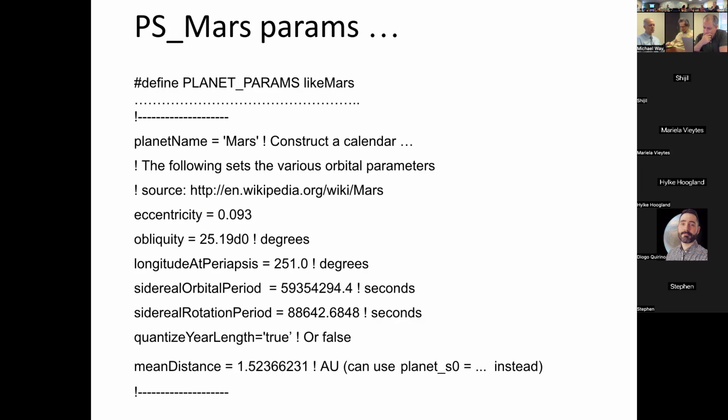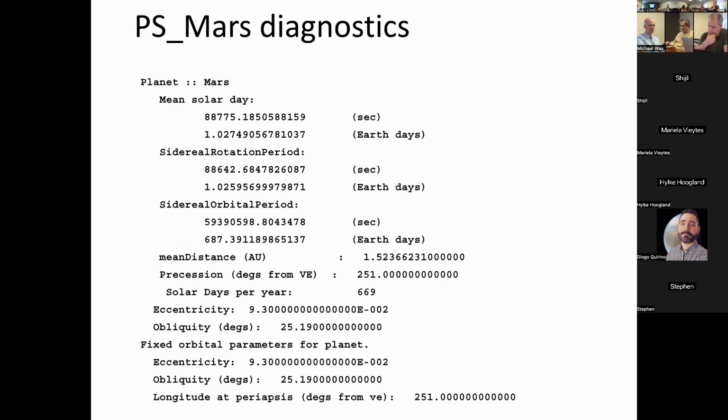For Mars, at least in this one deck, we use mean distance instead of planet as zero. You should use only one, either planet as zero or mean distance. For Mars, it's convenient to use mean distance because we know it, and then we don't have to modify planet as zero.